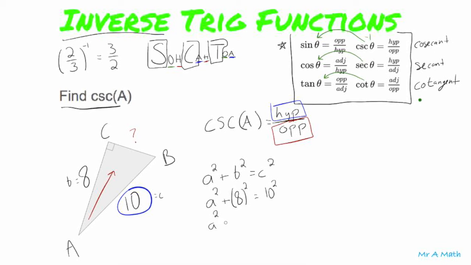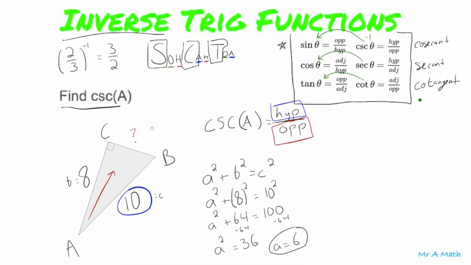I have A squared plus 64 equals 10 squared, which is 100. And so after I subtract 64 from both sides, 100 minus 64 turns out to be 36. So if A squared is equal to 36, well, after I square root both sides, A is just equal to 6, right? Because 6 squared is equal to 36.